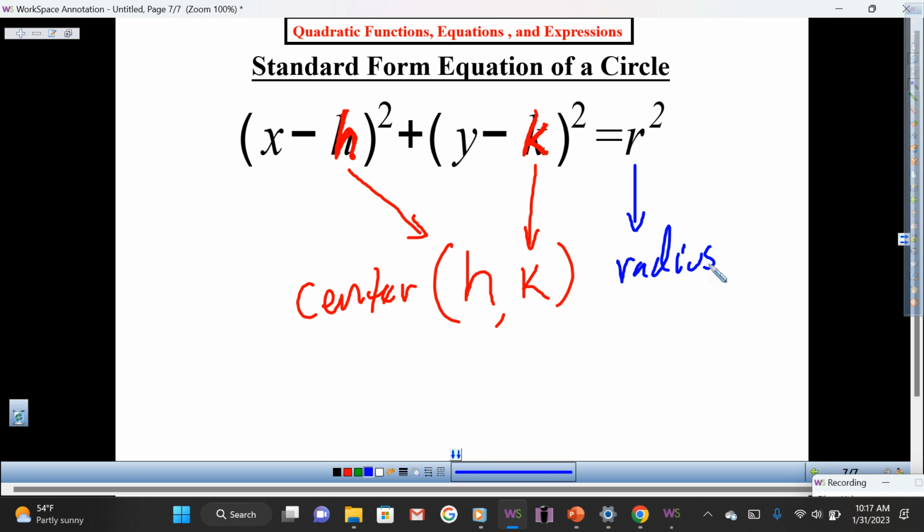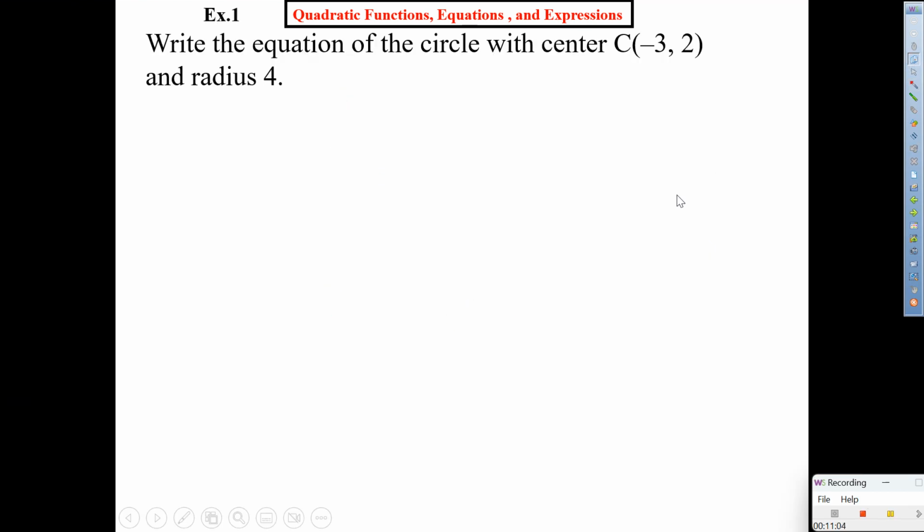All right? So we're going to practice writing our standard form equation of a circle, but given values now. They're going to give us numbers that we need to substitute in here, and we need to know how to write our standard form equation of a circle given those values. So with that said, copy this. Example 1.